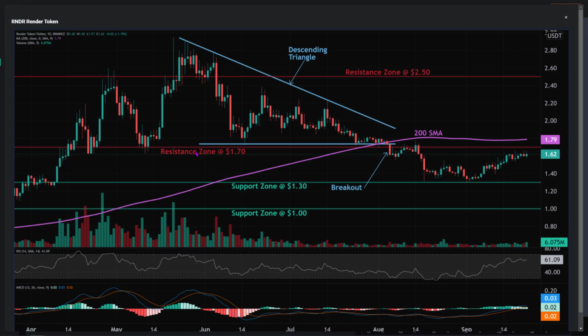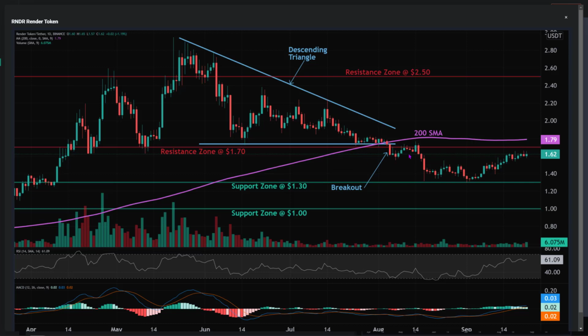And since it's close to that horizontal resistance of $1.70, this becomes a very stiff resistance area. And notice this is an area where it acted as a support in the past, and once support is broken, it becomes resistance. That's a concept known as polarity.